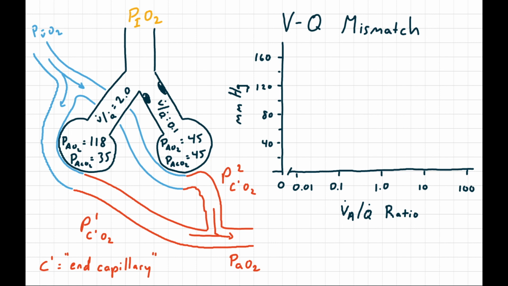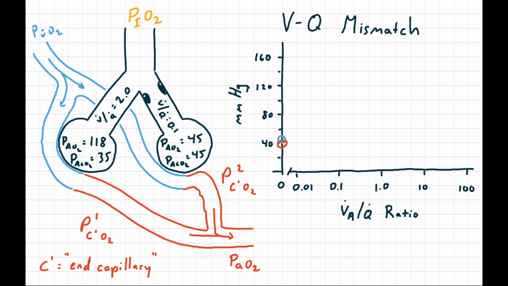It should make sense that if your VQ ratio is 0, that is, you have no ventilation going into the alveolus, then your alveolar gas partial pressures will be equal to your mixed venous partial pressures. And a normal mixed venous carbon dioxide partial pressure is right around 45 millimeters of mercury, and a normal mixed venous oxygen partial pressure is right around 40 millimeters of mercury.